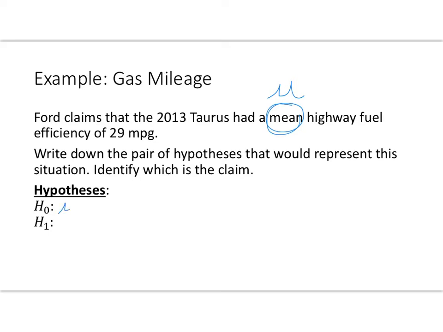So that is equal to, mu equals 29 miles per gallon, and this is our claim. So then the alternative would be mu is not equal to 29 miles per gallon.